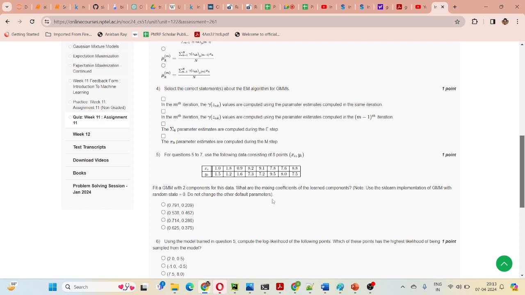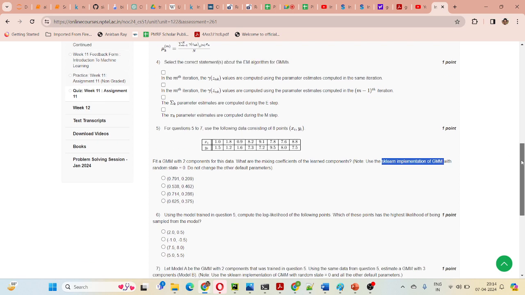Acha, here is the coding part. So you have to use sklearn. From the sklearn mixture module you can get the GMM.